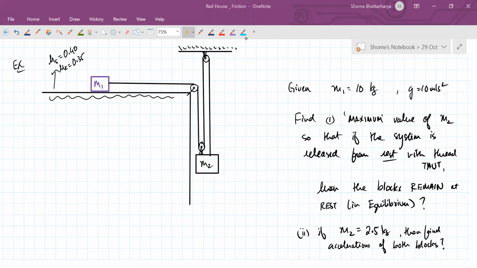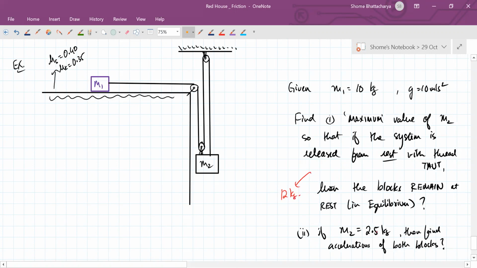Correct, correct. So 12 kg is correct. Yeah, Kevin, 12 kg is correct. I think I had made a calculation mistake, but 12 kg is the correct answer. So the answer to the first part, the maximum value of this will go up to 12 kgs.